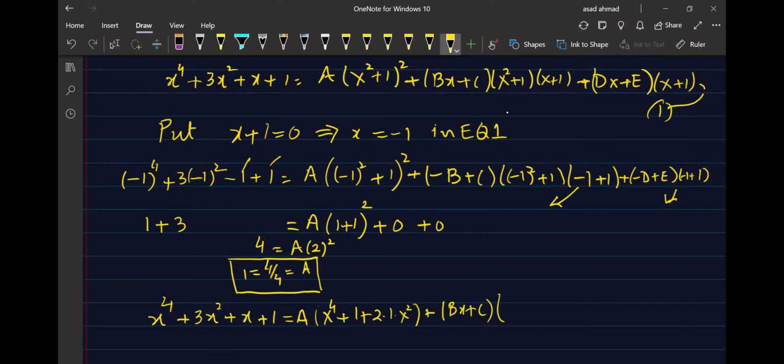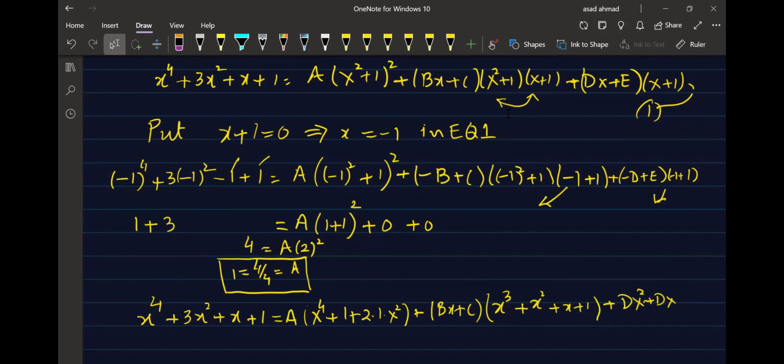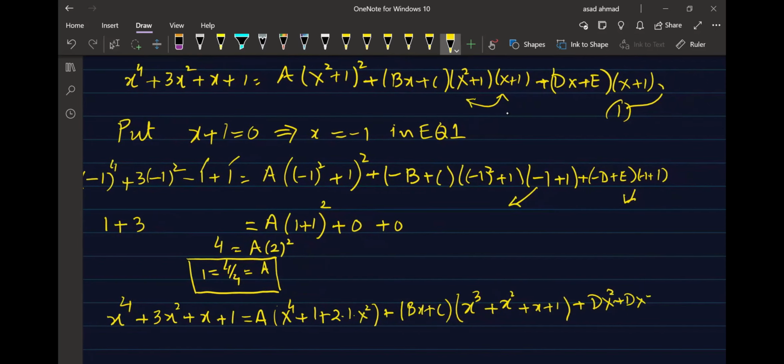So we will simply multiply these two brackets first, and then later we will multiply with bx plus c. So what multiplication will give us is x to power 3 plus x square plus x plus 1, and then dx square plus dx, and we will be having ex plus e.